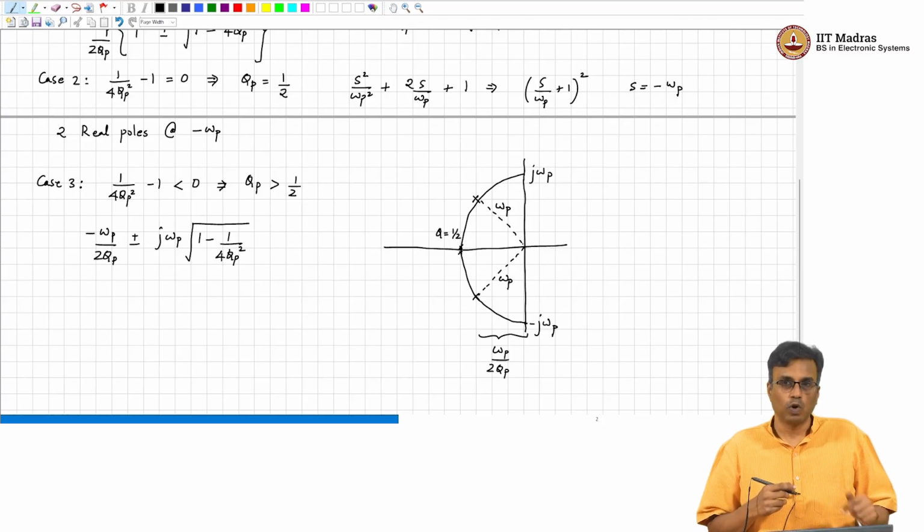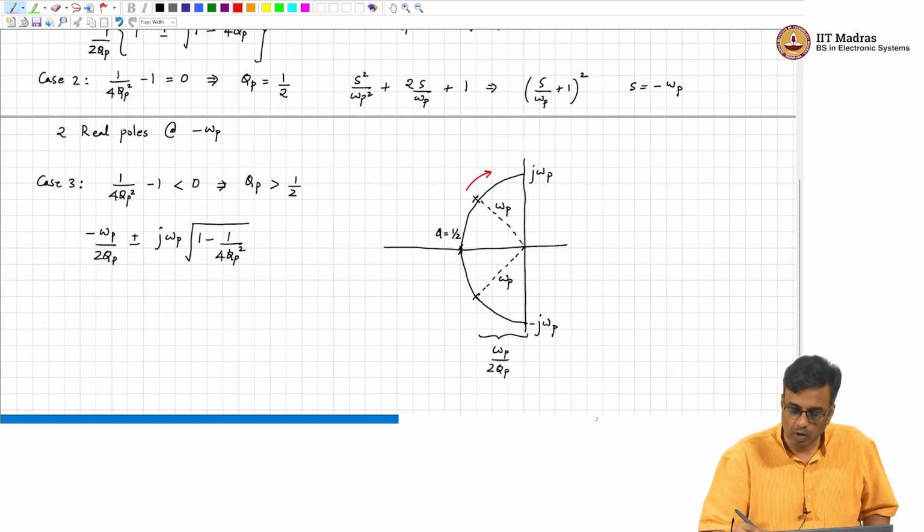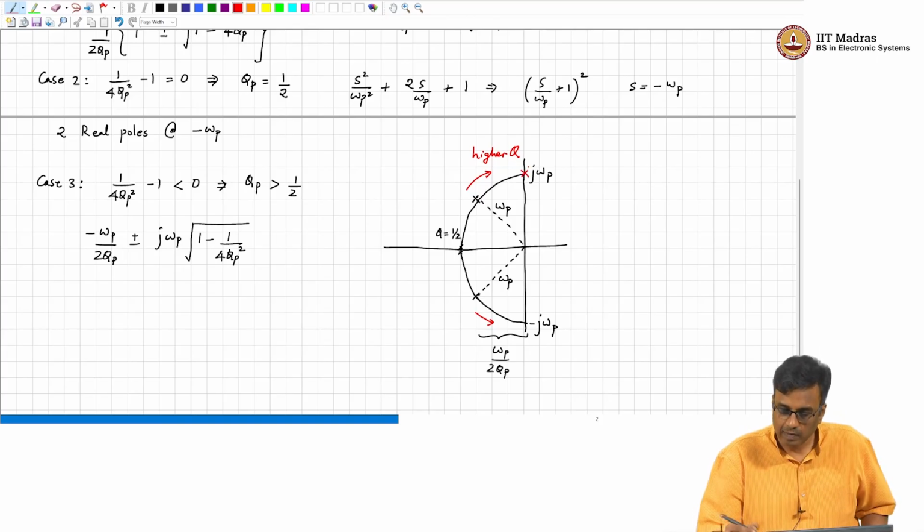Where do the poles go? So, this is the locus for higher Q. As Q keeps increasing, the poles move along the circle towards the j omega axis. For Q equal to infinity, where are the two poles? They are on the j omega axis.